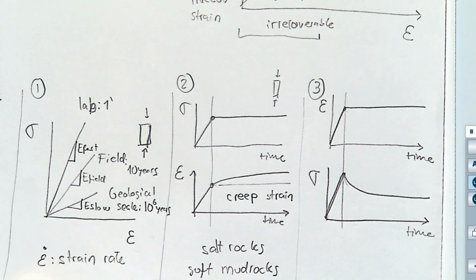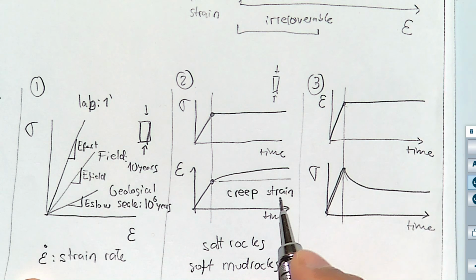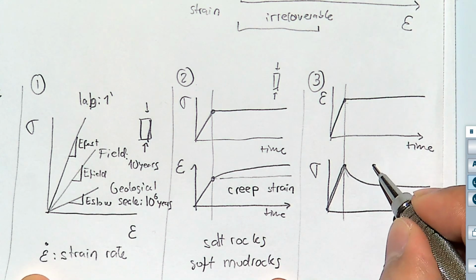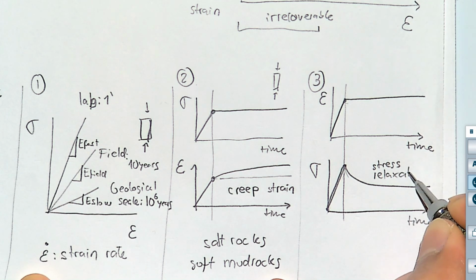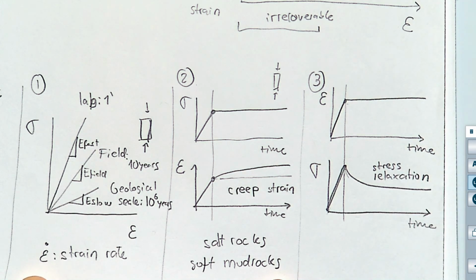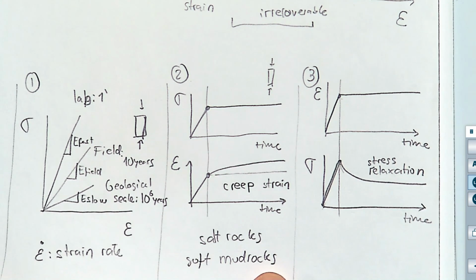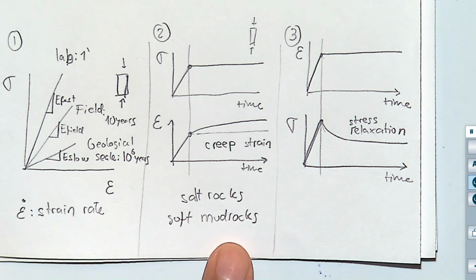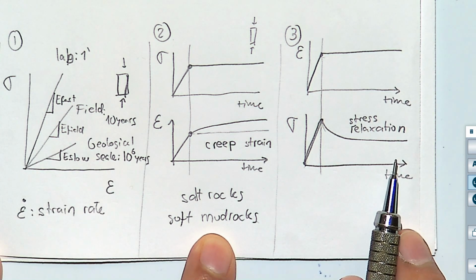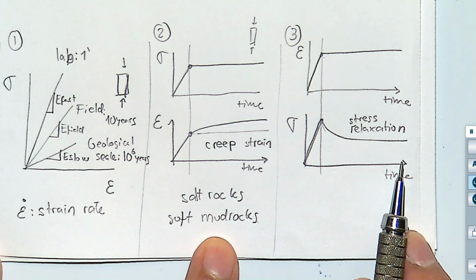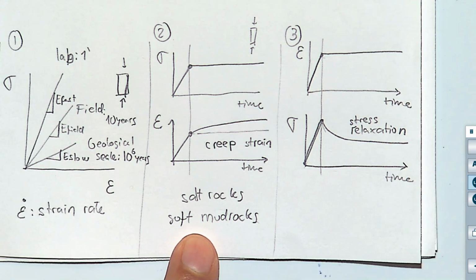That's the opposite of creep strain, and it's called stress relaxation. The same type of rocks, salt rocks, soft mud rocks, will tend to exhibit quite a bit of stress relaxation with time.